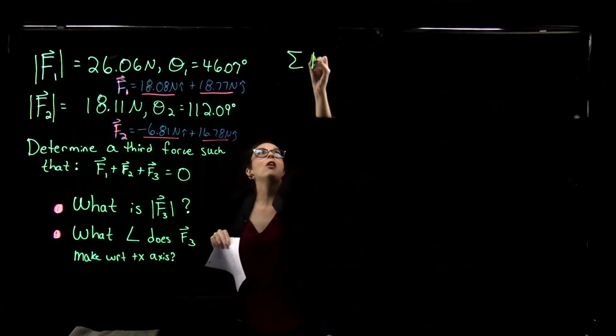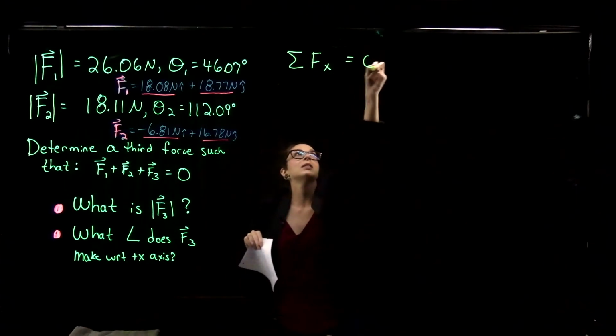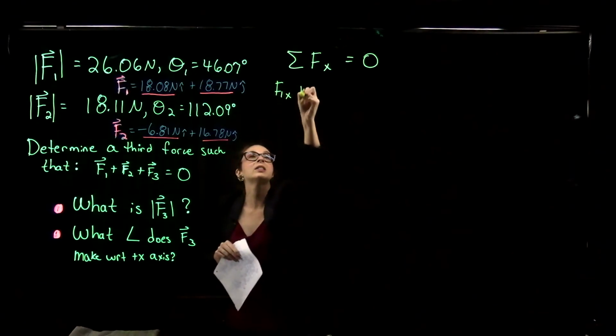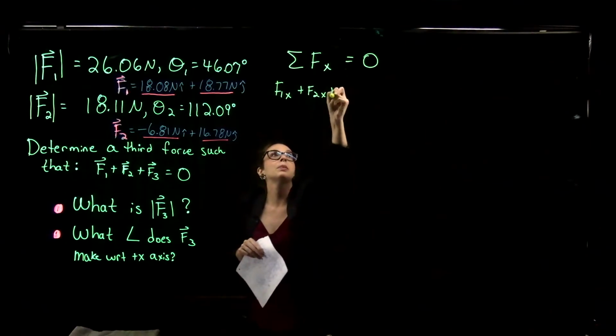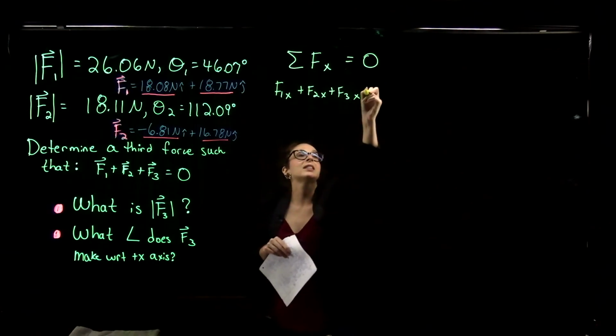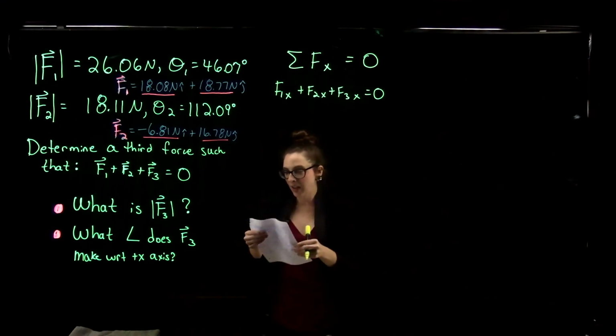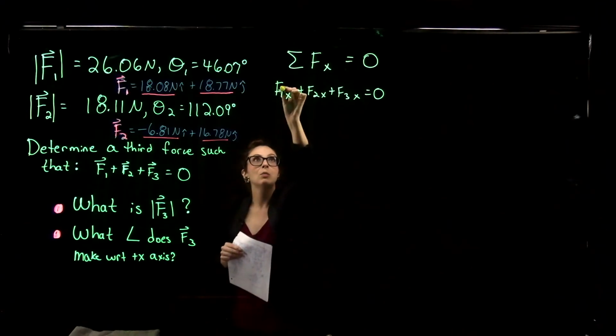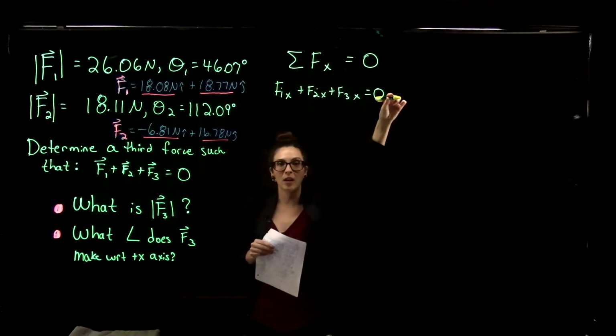So the sum of all my forces in the x direction must equal 0. Then we'll have F1x plus F2x plus F3x equals 0. I solve this equation for F3x, so I'll subtract both of these terms to the other side of the equal sign.